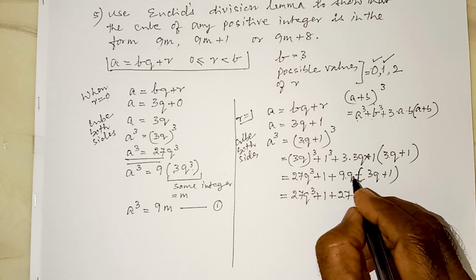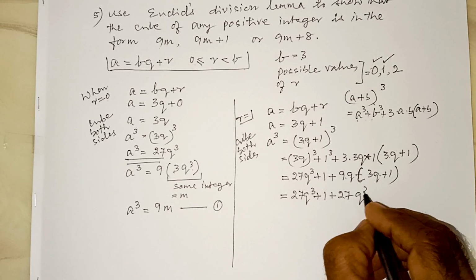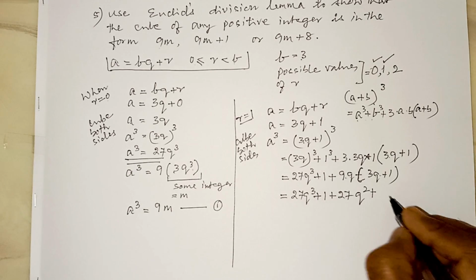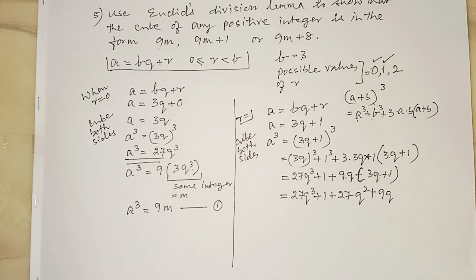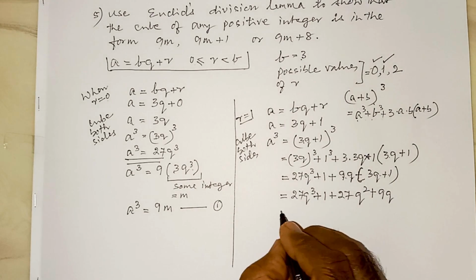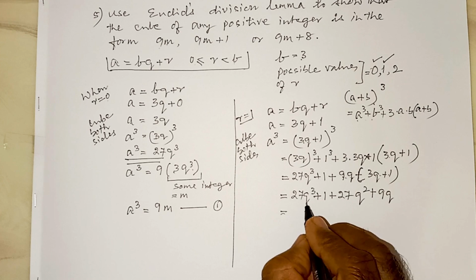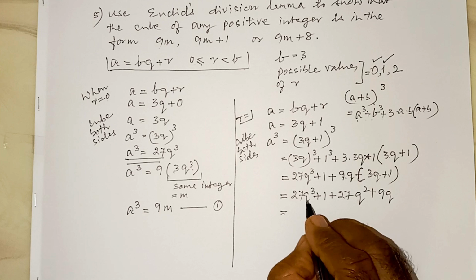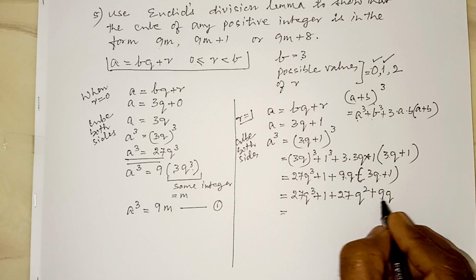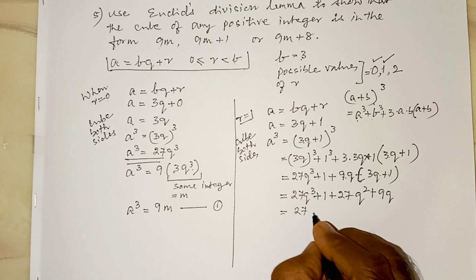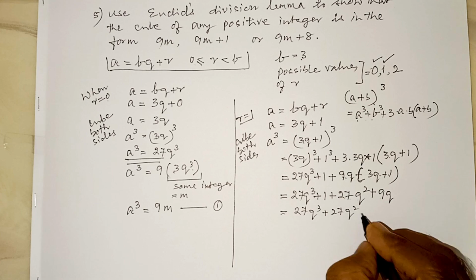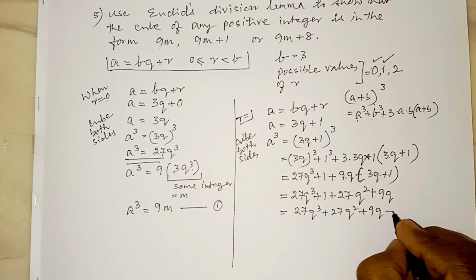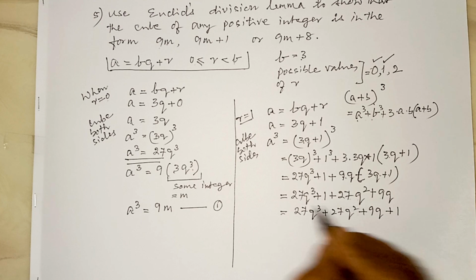We have two Q's here, Q into Q is Q square, plus 9Q into 1 is 9Q. Now further, we keep all the 27Q cube, 27Q square and 9Q together, and put 1 in the last.